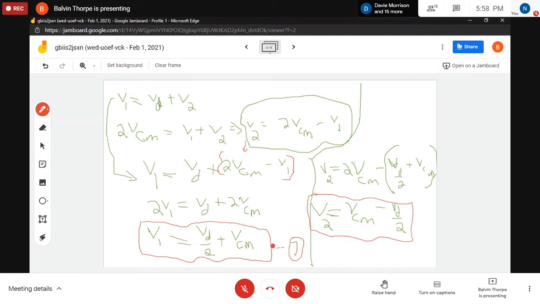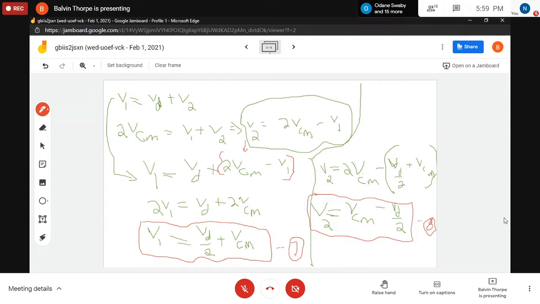So we put V1 from equation 7 into this equation: V2 equals 2 VCM minus V1, but V1 is VD over 2 plus VCM. Simplifying, 2 VCM minus VCM leaves us with 1 VCM. So V2 is going to be VCM minus VD over 2. That's equation 8.